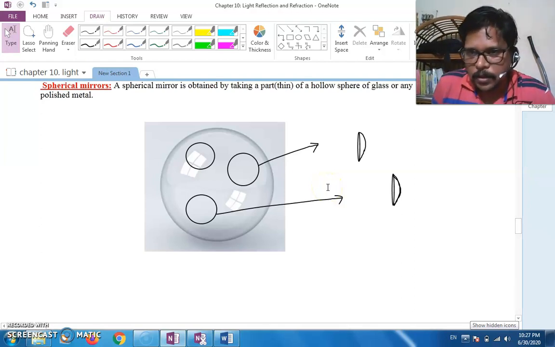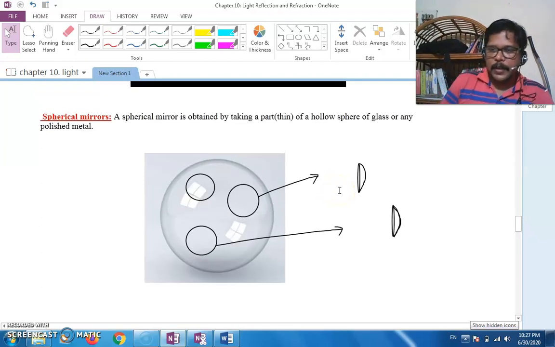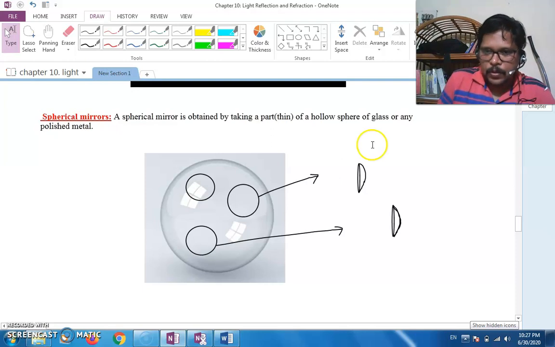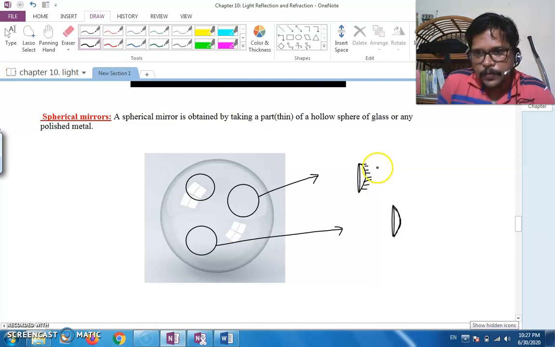Now we can make the reflecting surface either inward or outward. To make the reflecting surface inward, I'm going to apply a metallic coating on the outer surface, or we can say the bulged surface, made rough by applying paint or metallic coating.